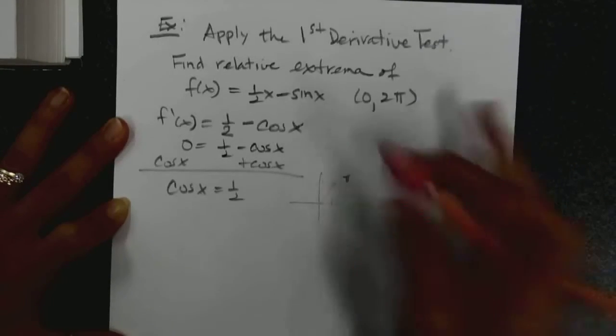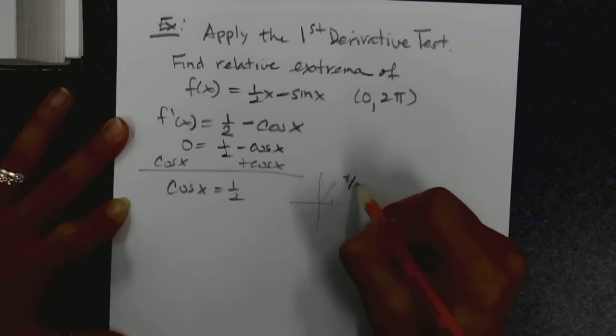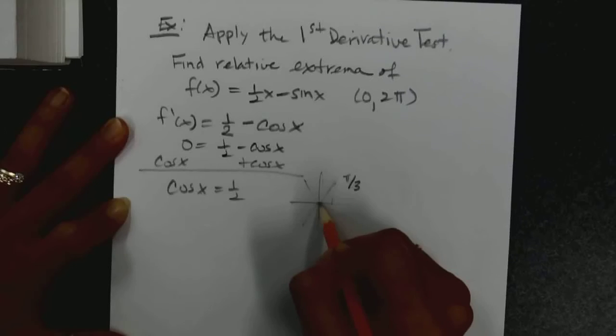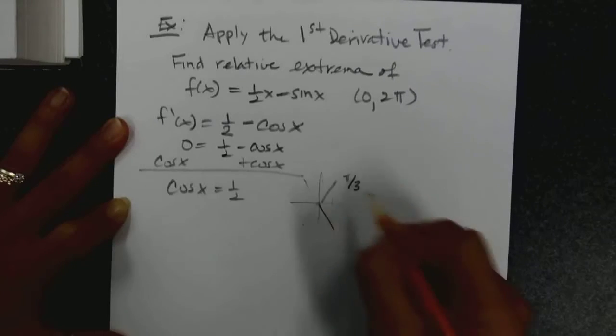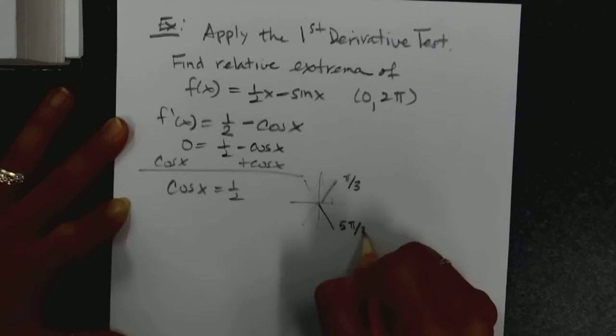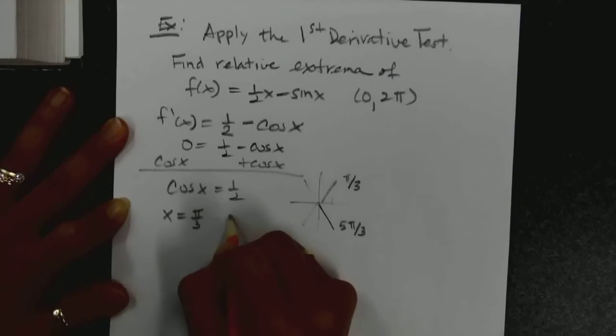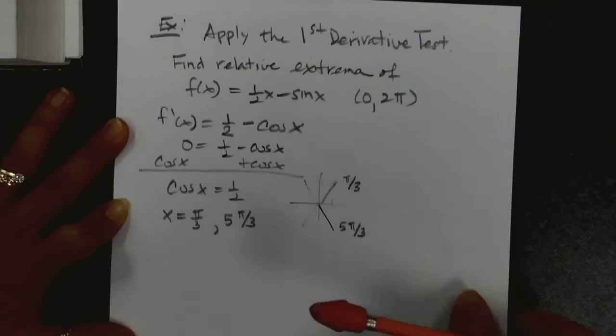And also, if I were to go around the circle, pi over 3, 1, 2, 3, 4, 5, and also here at 5 pi over 3. So x is equal to pi over 3, and I have at 5 pi over 3.